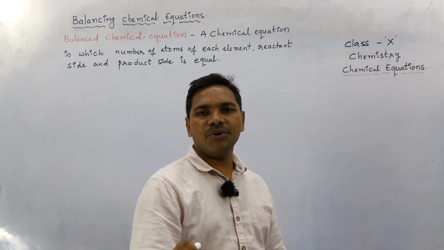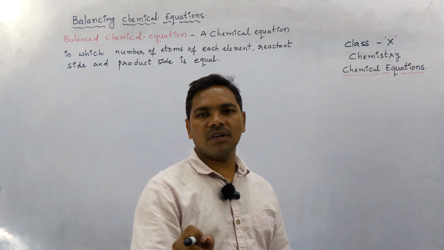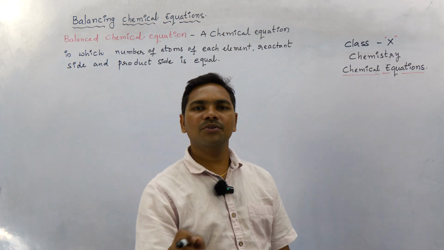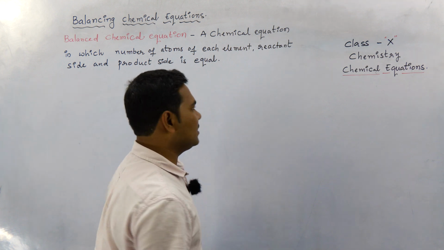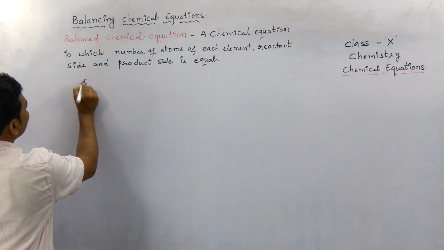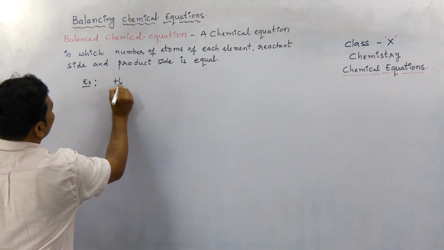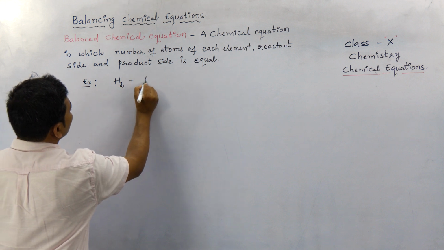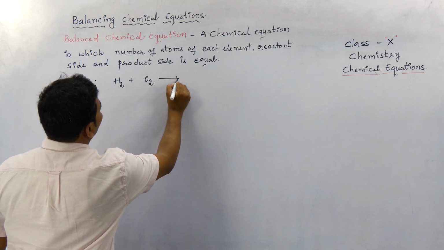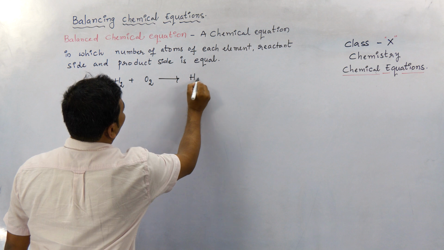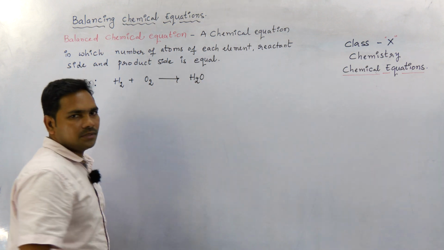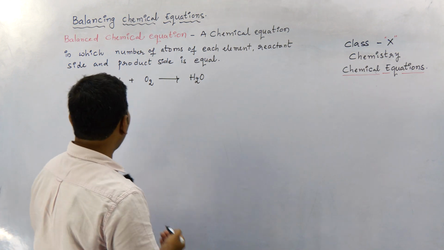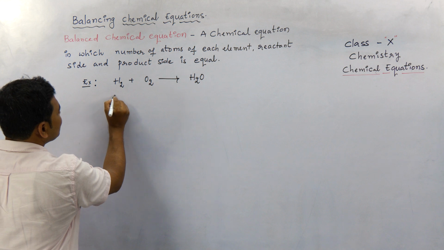In the last video, we discussed one example, the formation of water from hydrogen and oxygen. Let me take the same example. If I take hydrogen H2 plus O2 gives rise to H2O, we can identify here two hydrogen atoms.